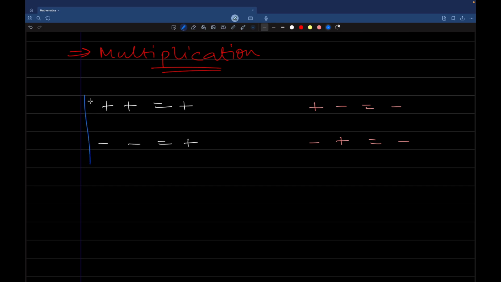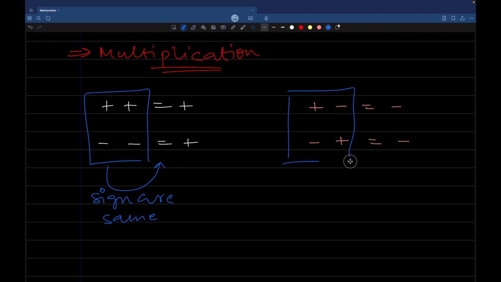You can see here, that if both the signs are same, that is either both are plus or both are minus, then the result is positive. Otherwise the result is negative if signs are different.